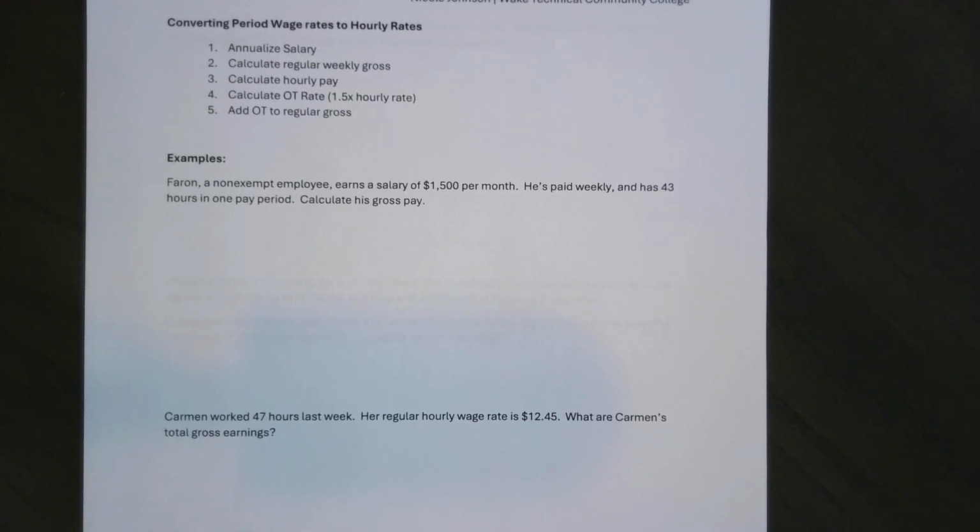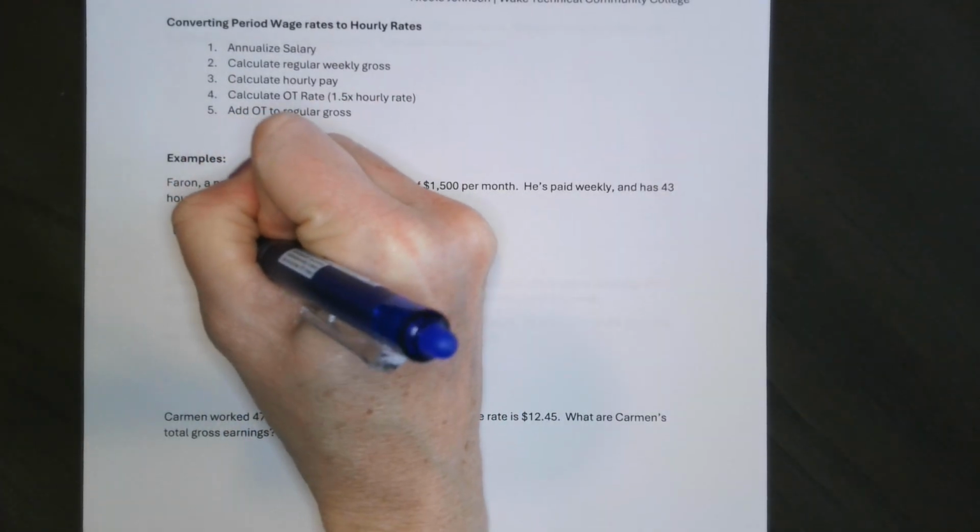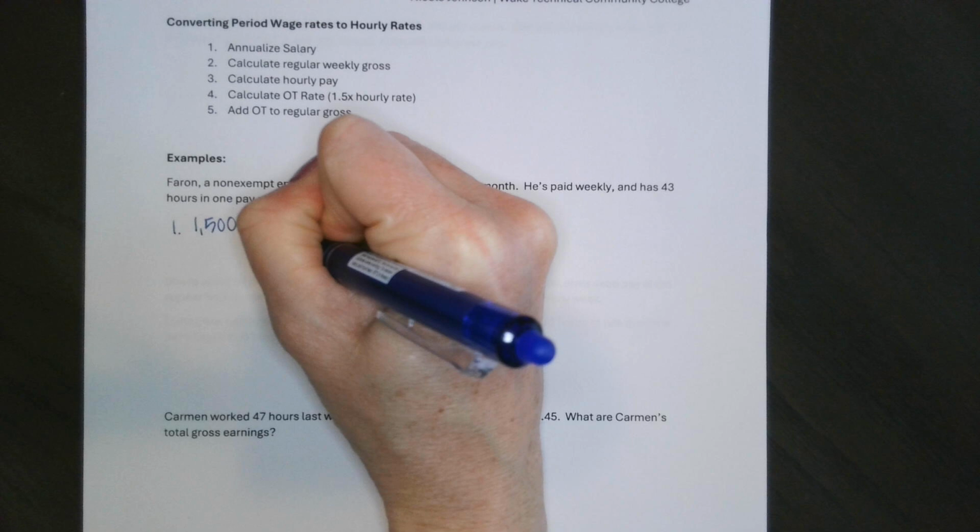In our first example, Farron, a non-exempt employee, earns a salary of $1,500 per month. He's paid weekly and has 43 hours in one pay period. Calculate his gross pay. First up, we're going to annualize the salary. We'll take $1,500 per month times 12 months.